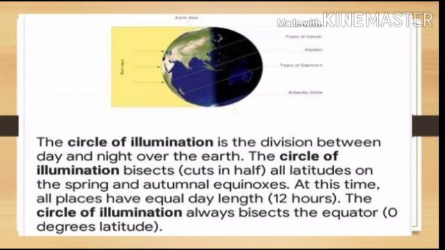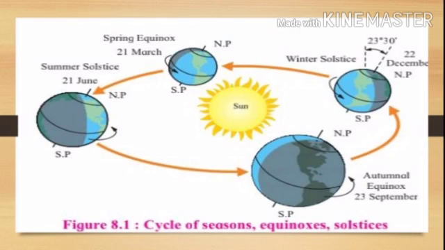On the equinox, the sun rays are perpendicular on the equator. In this condition, the circle of illumination coincides with the great circle defined by two opposite meridians. In the northern hemisphere, spring prevails from 21st March to 21st June, while autumn prevails from 23rd September to 22nd December.